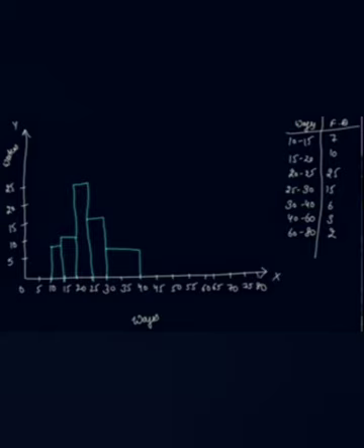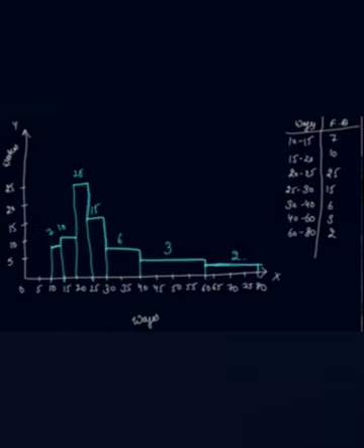Then 60 to 80 it is 2. So with this we find your histogram when you are given unequal class intervals. That is 7 here, 10, 27, 15, 6.